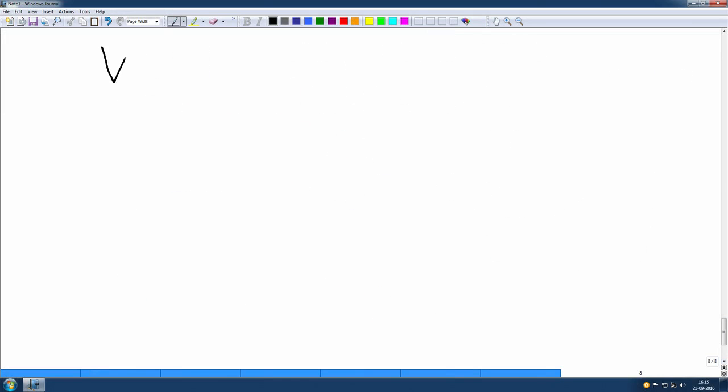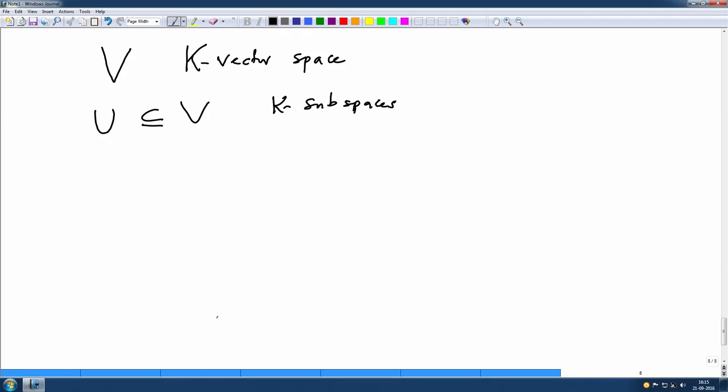So now let us take V to be a K vector space, and let us take U to be a K subspace. Then definitely this U will define an equivalence relation on V. What is it? Take two vectors V and V prime.